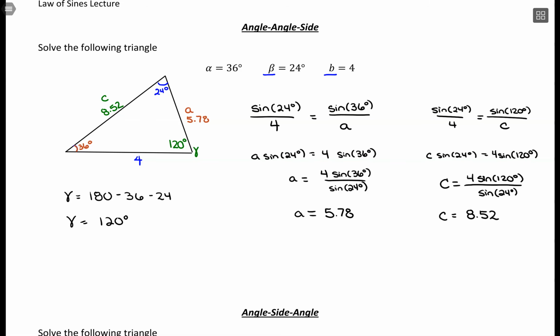Also, one more note: after you find 5.78, we technically could have used sine of 36 degrees over 5.78 as our known ratio. I don't like to do that personally because this value is rounded. So by using a rounded value as part of this calculation, it can introduce more error and it might give an answer that's slightly off.